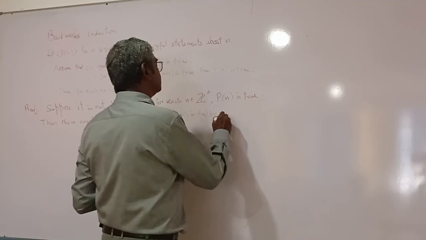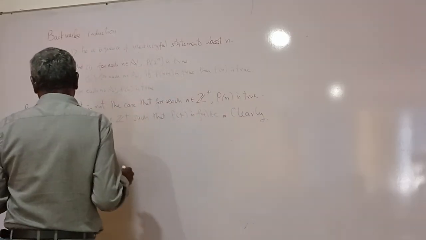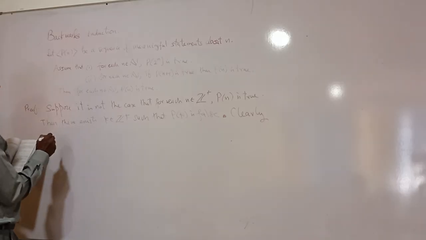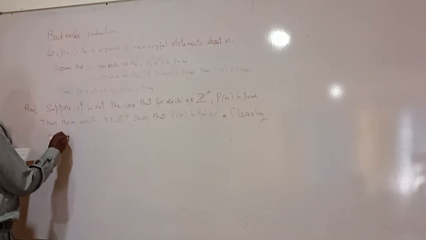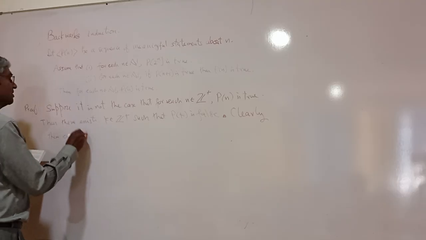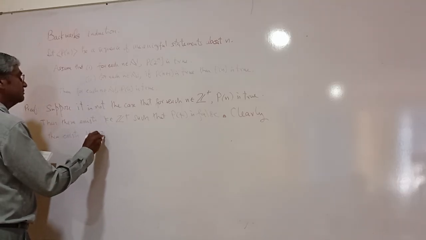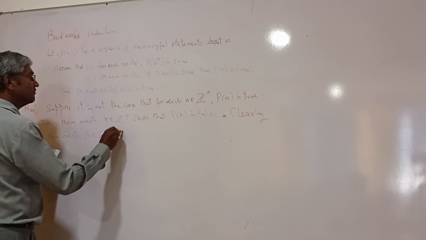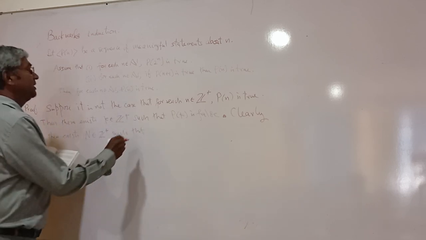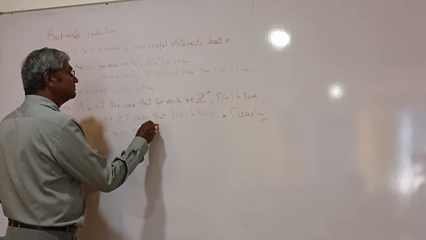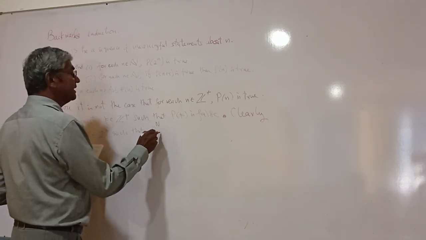Clearly, there exists capital N belongs to Z plus such that 2 to the capital N is strictly greater than k.